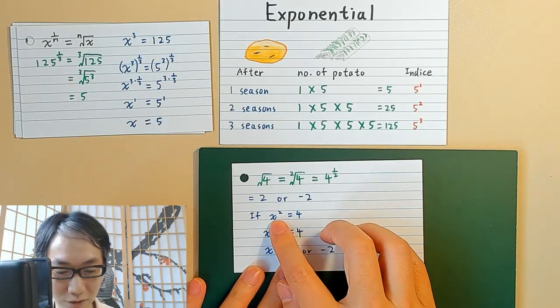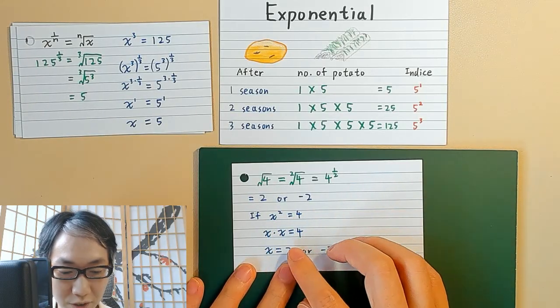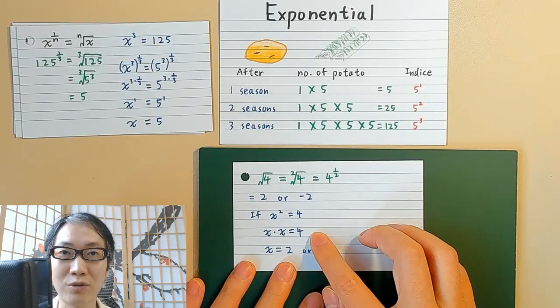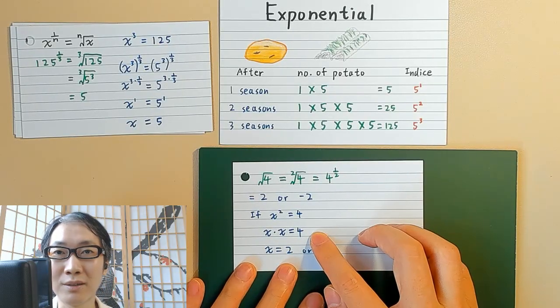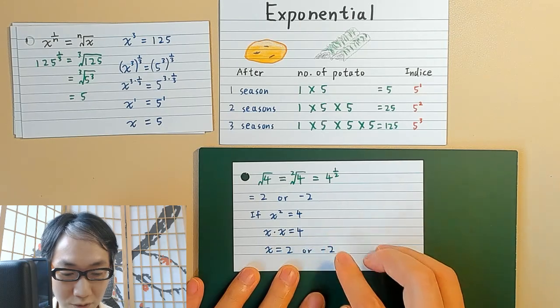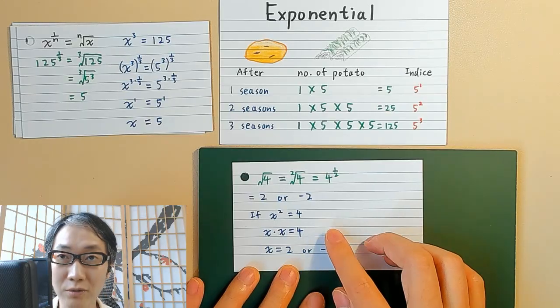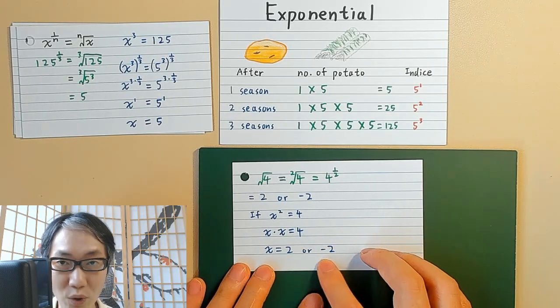So let's say x squared is equal to 4, which means x times x is equal to 4. And what could x be? 2 multiplied by itself is 4. Negative 2 multiplied by itself is also positive 4. So both of them are valid roots.